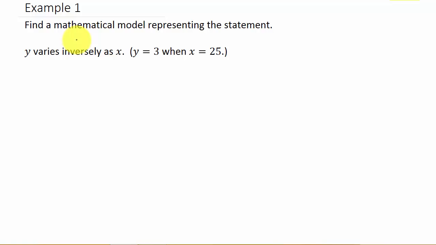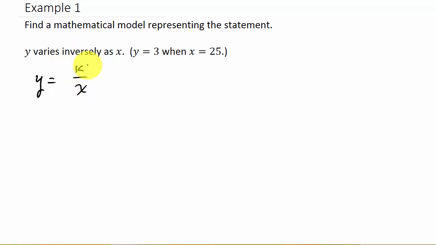Alright, so here they want us to find a mathematical model representing y varies inversely as x, and that's when y is equal to 3 when x is equal to 25. Alright, so first let's go ahead and get our equation. Y varies inversely as x, so that means y equals k over x.